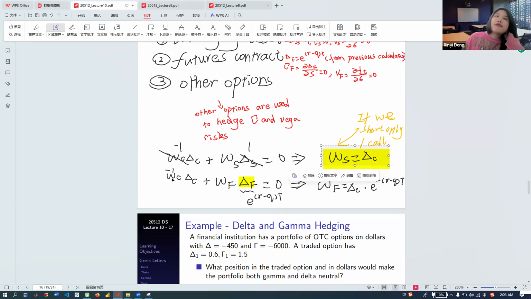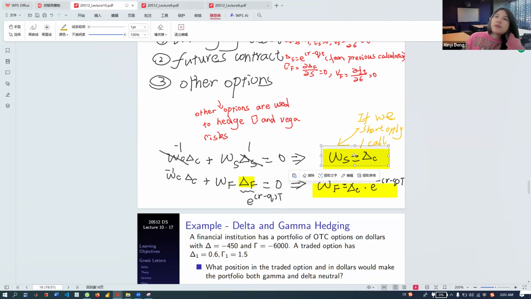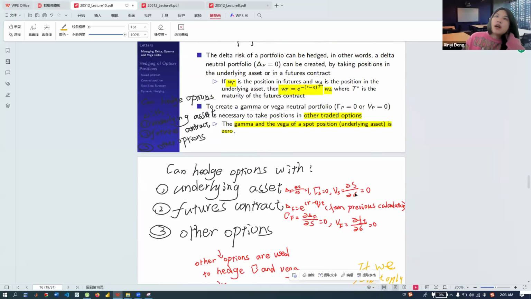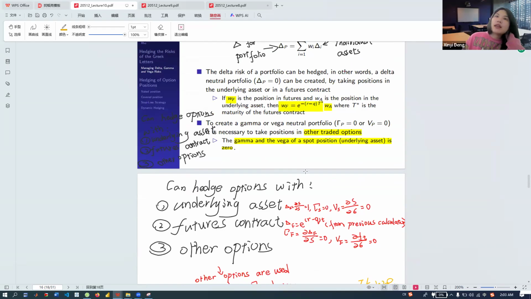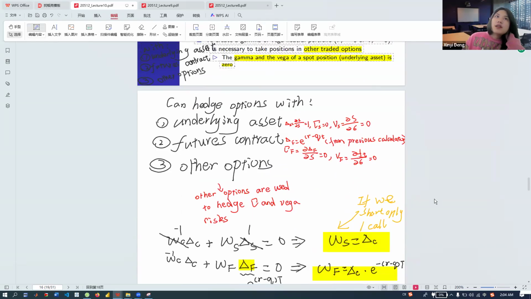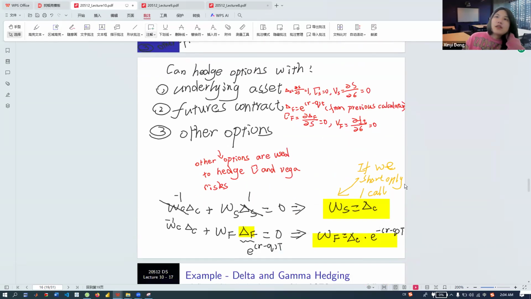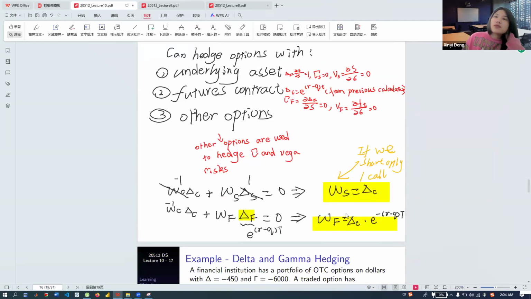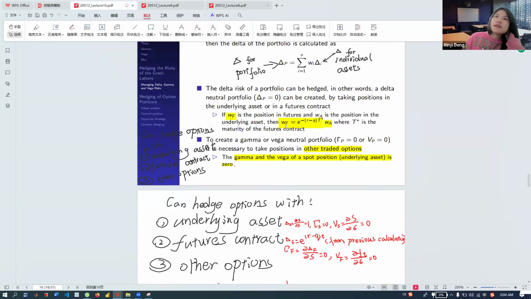If we solve, we get that WF, the position in the futures, is equal to delta C times e to the power of minus open bracket R minus Q close bracket times T. If you compare the above equation with the equation below, that's exactly the formula in the second bullet point. So if you combine those two, effectively that's the formula here in the second bullet point.